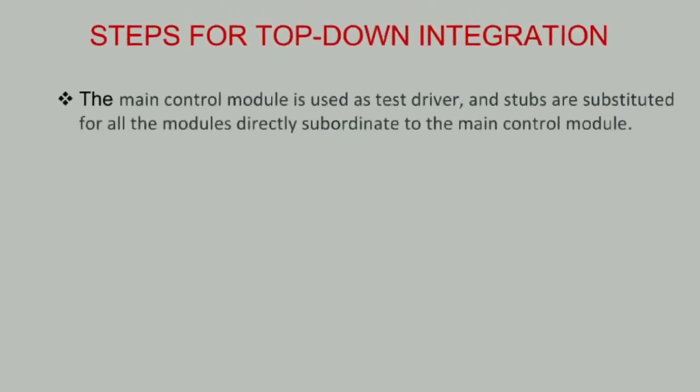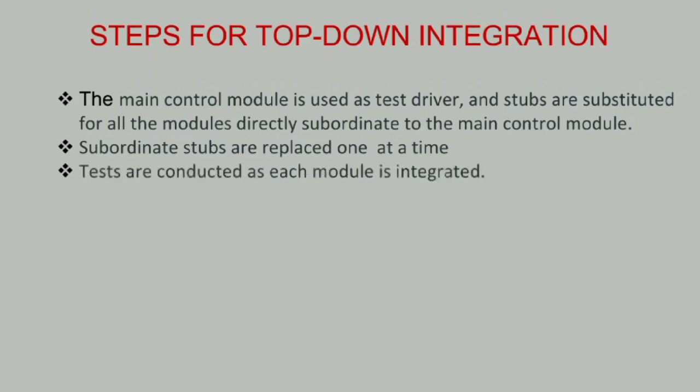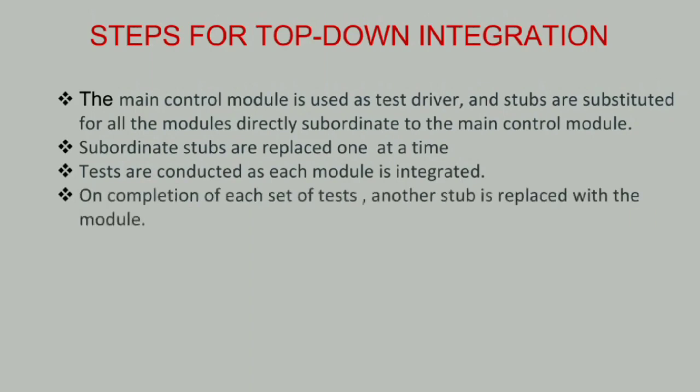Steps for top-down integration. The main control module is used as test driver and stubs are substituted for all modules directly subordinate to the main control module. Subordinate stubs are replaced one at a time. Tests are conducted as each module is integrated.